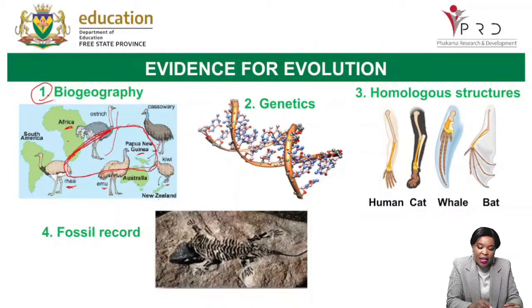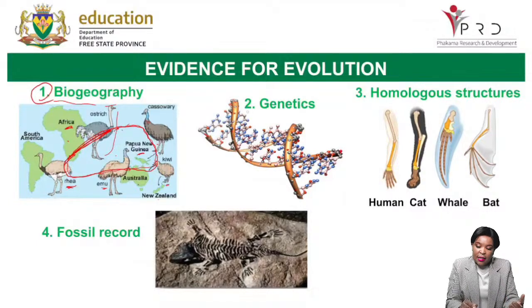So your biogeography tells you that this distribution shows that there might have been a common ancestor, even though they are found in different parts of the world. This is what they use to support evolution, to say evolution might have happened because these look alike, even though they are from different regions.